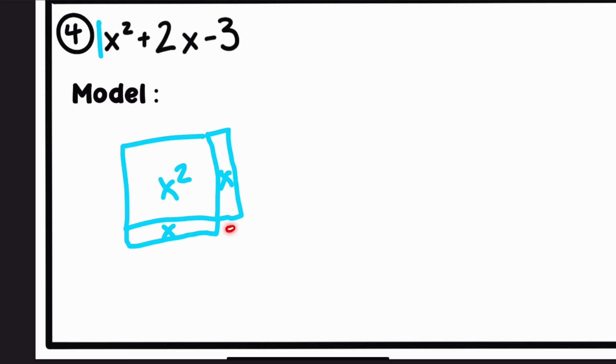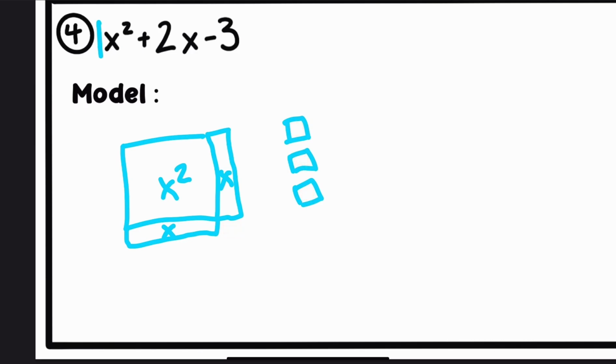Now, taking a look at this, I see there's really only one spot for me to put a square. So there's not enough space for me to write in 3 of those. When we have negative numbers, think of that as more missing pieces. So I'm just going to write those out on the side over here. And what I'm going to do is count 1, 2, 3, 4 missing pieces here when I'm looking at this.